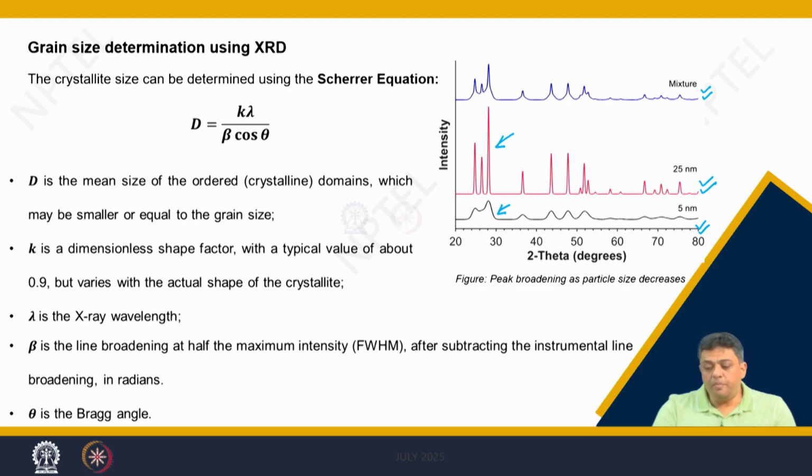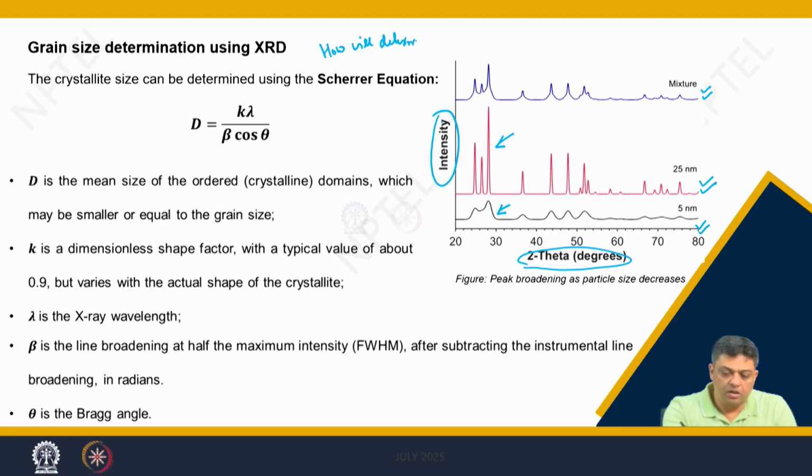Now, from here you have the 2 theta versus intensity curve. How will I determine the crystallite size?